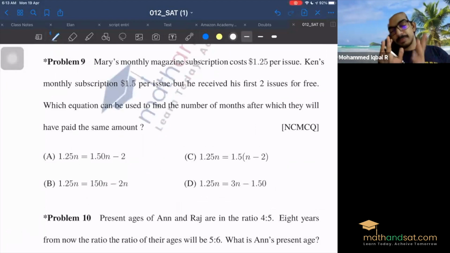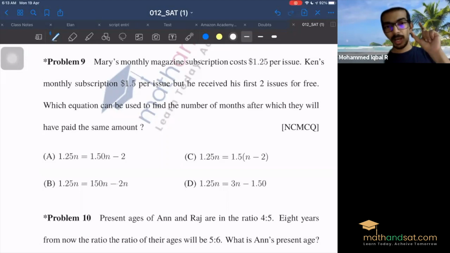See, when you see a typical SAT paper, there will be a lot of questions that describe a scenario, a real world situation. There will be a lot of word problems, so it is important that you give enough stress on solving word problems.